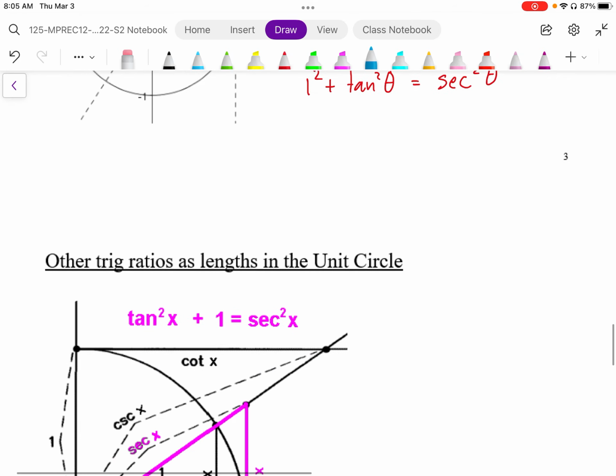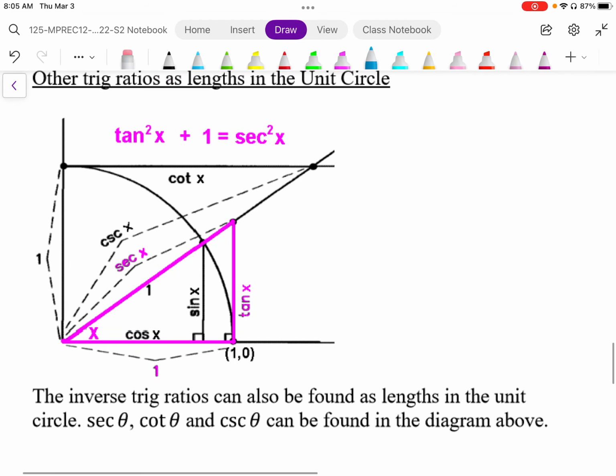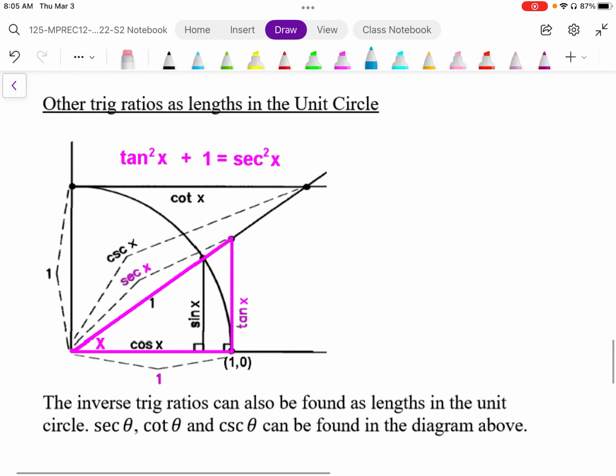So these other lengths actually do show up in the unit circle. And these are not ones that we use that often. We really should just stick with sine and cos being the horizontal and vertical length in the circle. The tan is useful when it shows up on the outside, but that's less useful. And there's other ones that show up as well.